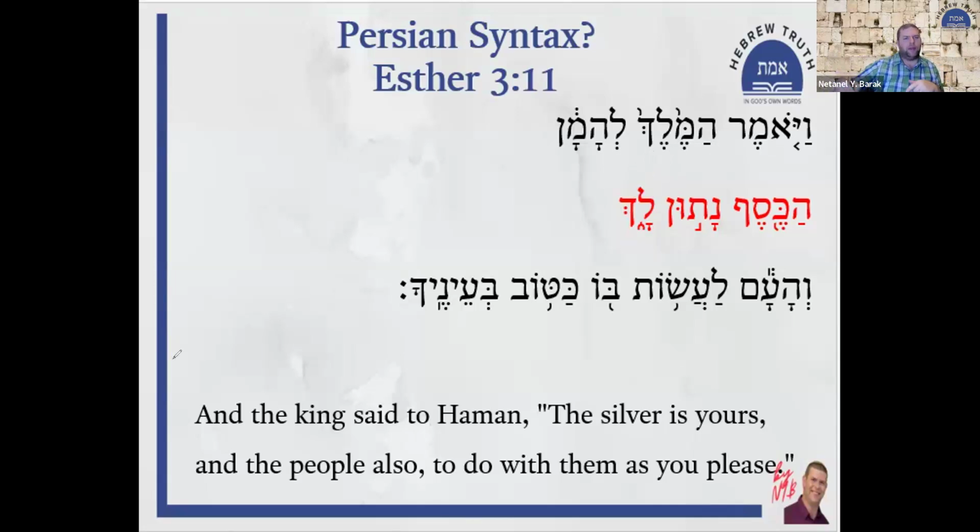The money was given by you. You gave the silver. So you may do with the people whatever you like. So the Hebrew here is reflecting a Persian regular way of saying you gave the silver. So now you can do with the people whatever you desire.